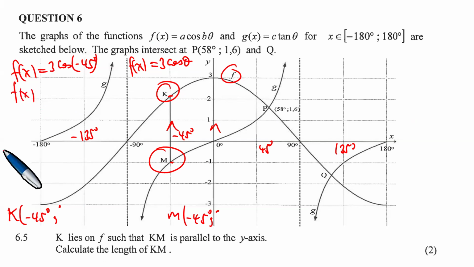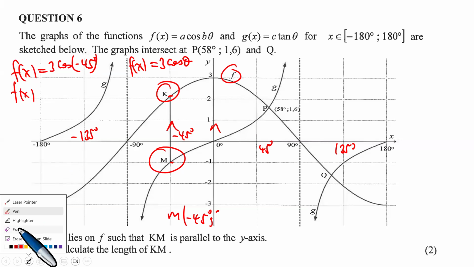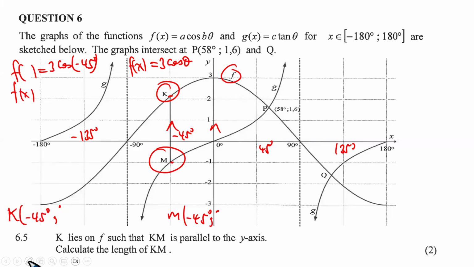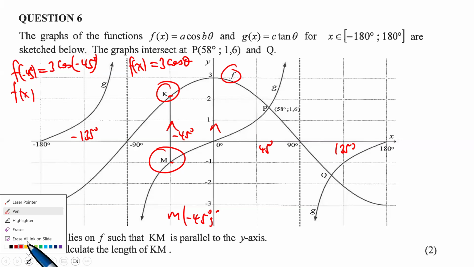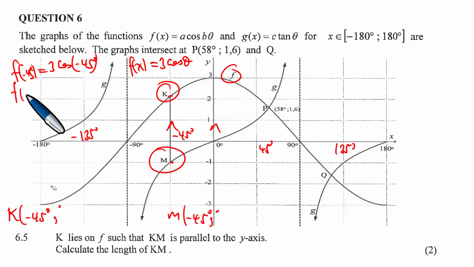The B is 1. So we do this at x equal to minus 45 degrees.